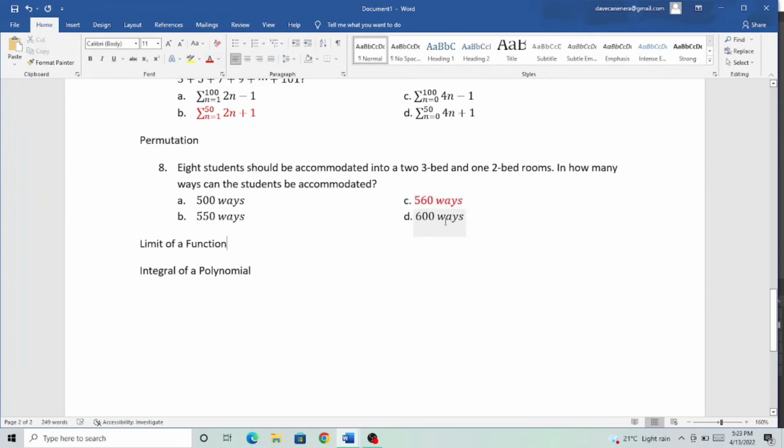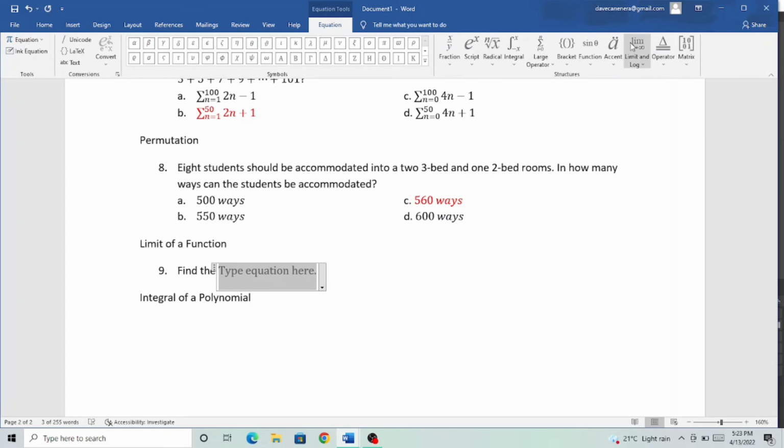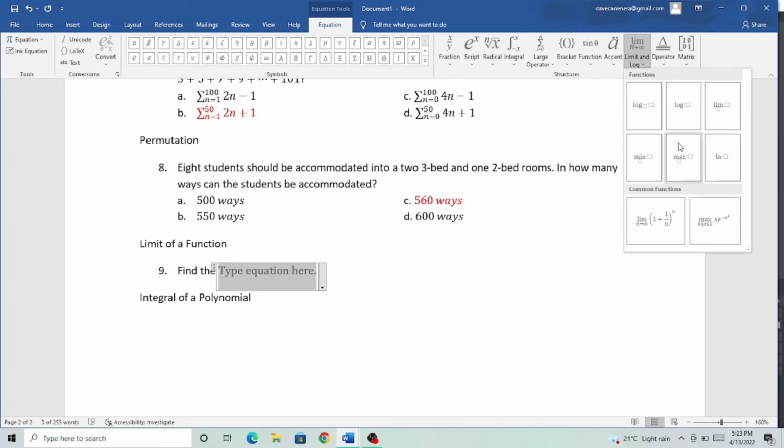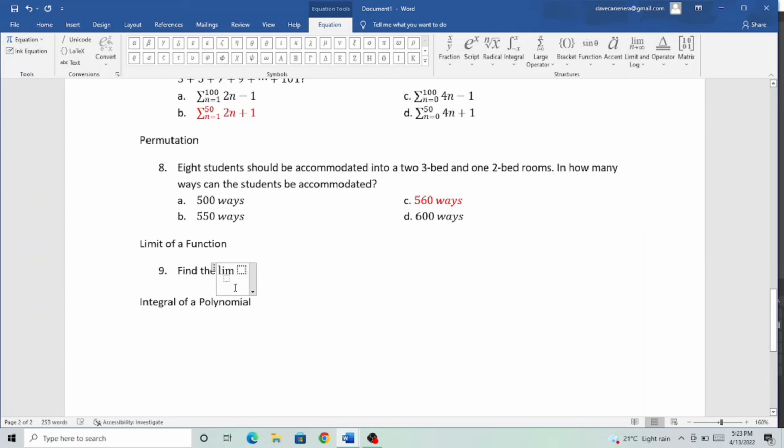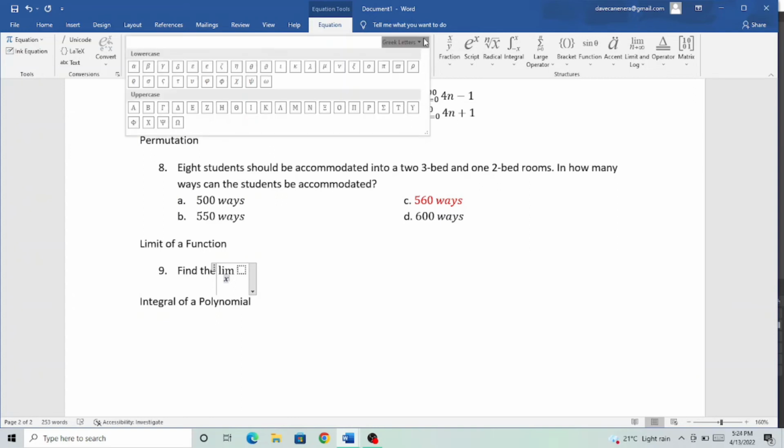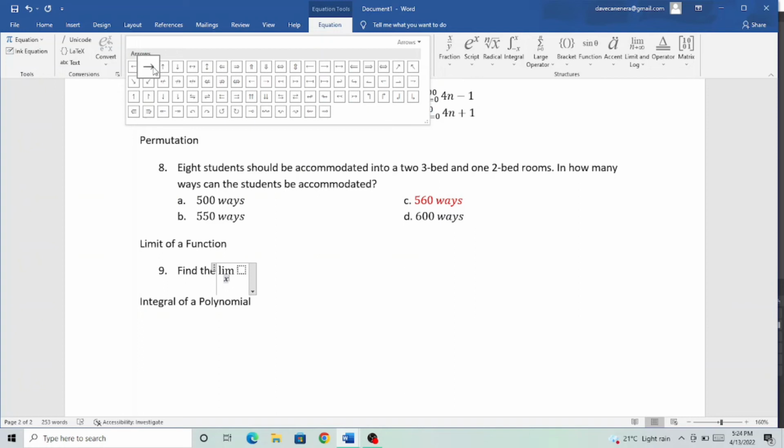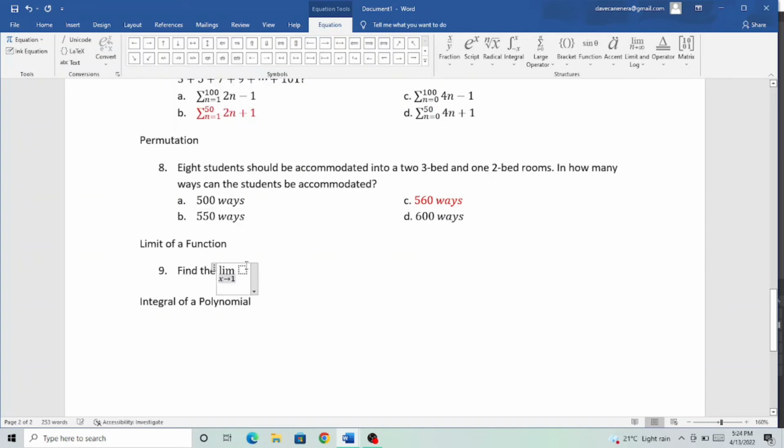So, proceeding to the limit of a function, let's say find the limit. You can insert directly the limits here. Limit of, as x approaches 1.